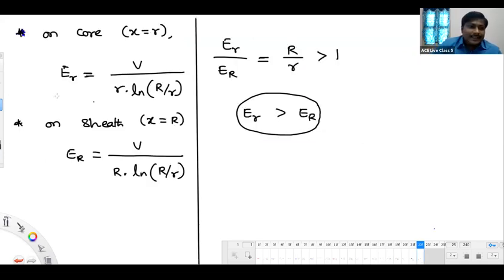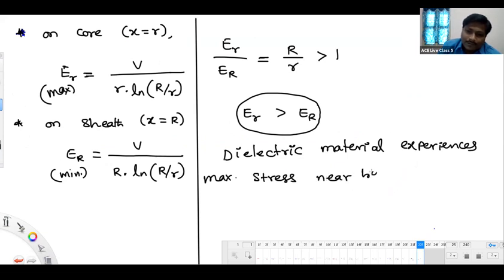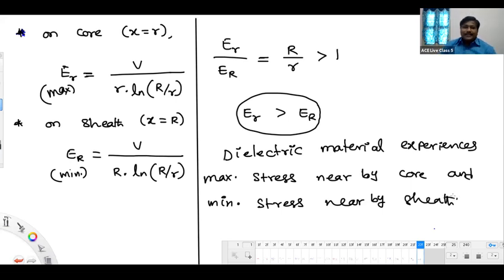So we have the maximum field intensity on the core surface and minimum field intensity on the sheath surface, which means the dielectric material experiences maximum stress nearby the core and minimum stress nearby the sheath.